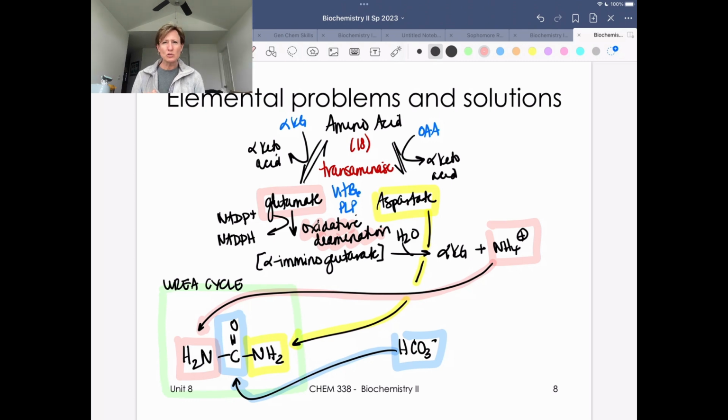Aspartic acid through the urea cycle is going to generate the other nitrogen atom, and the carbon and oxygen atom come from bicarbonate. Okay, so lots of really neat biochemistry within the urea cycle, but just highlighting here, I want you to know why we funnel things to aspartic acid and glutamic acid, and then the structure of the urea and how we take and put these pieces together.